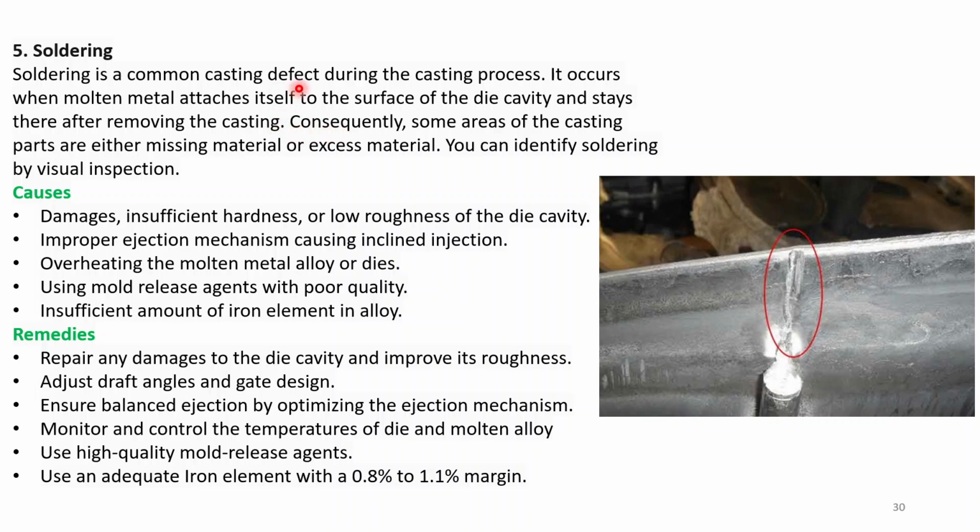So for this you can provide some lubricant or some coating to the die so that your casting detaches from the die very easily. Now consequently, some areas of the casting parts are either missing material or have excess material from the die. So you can identify soldering by visual inspection.